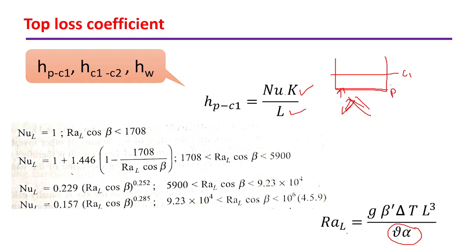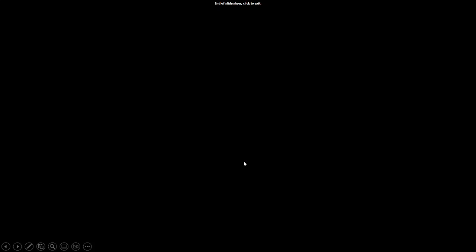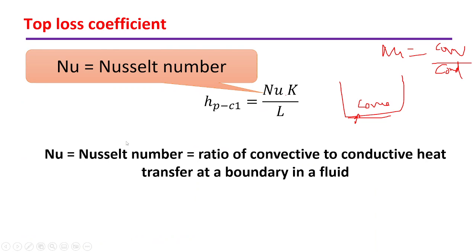Once you have the Rayleigh number, calculate Rayleigh number into cos beta. Beta is your inclination angle, the collector tilt, which is given as 20 degrees.